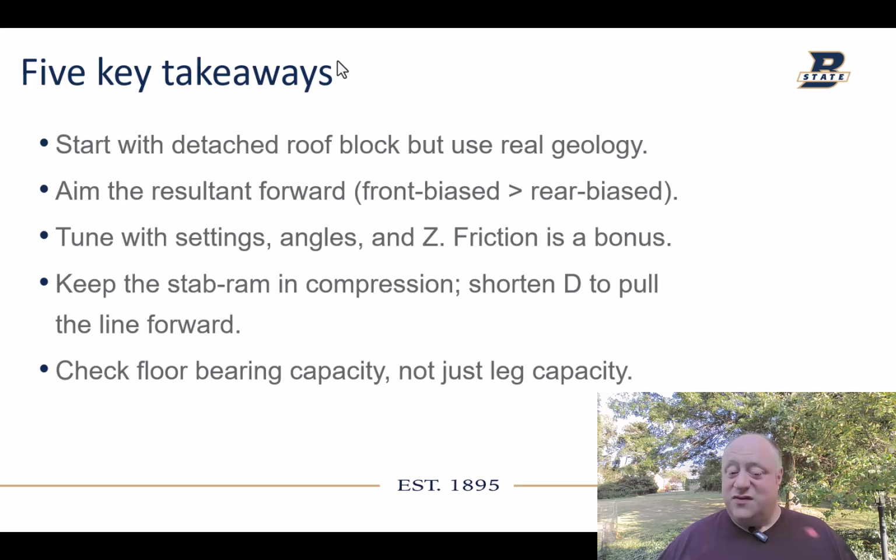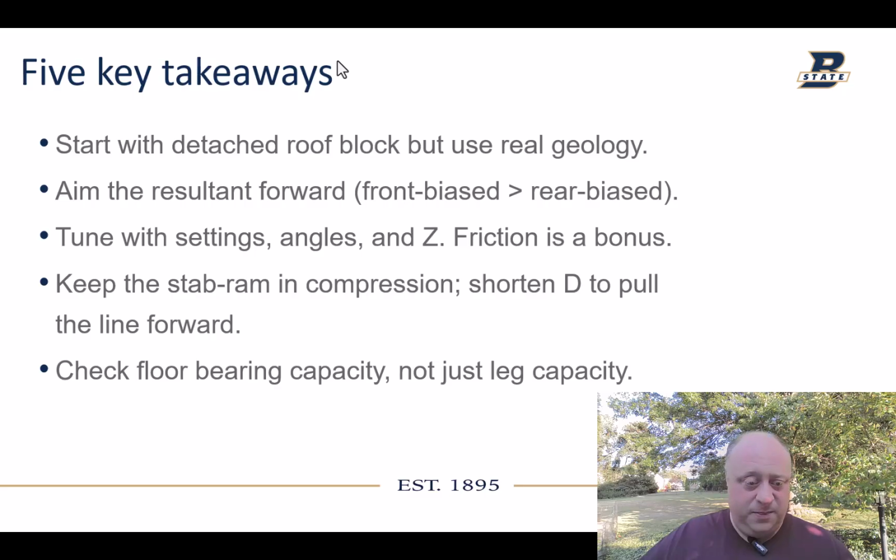The angles of the legs can be adjusted, not after purchasing it, but if you need that, you can change it. And then of course friction, like I said, consider that to be a bonus to help with this. It's not the end of the world if it's not there, but it can help.